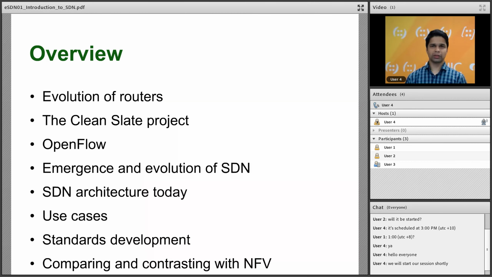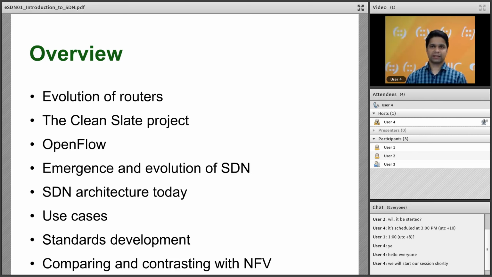So the agenda for today is we'll start with a look at how routers have evolved and the conditions that resulted in the emergence of SDN.